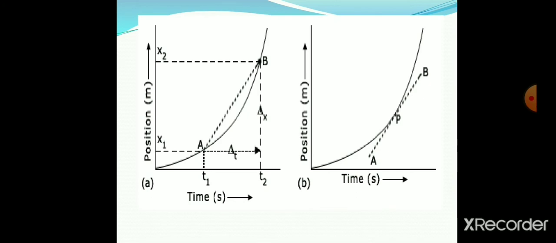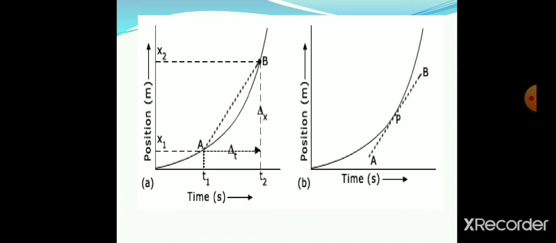This graph also shows us how to find the instantaneous velocity of a particle. Suppose the curve represents the path of a particle. If you choose two instants of time A and B and mark their relative positions as x1 and x2 at times t1 and t2, then we know change in position by change in time will give you the velocity, that is x2 minus x1 by t2 minus t1.